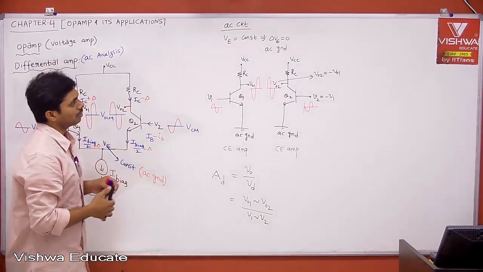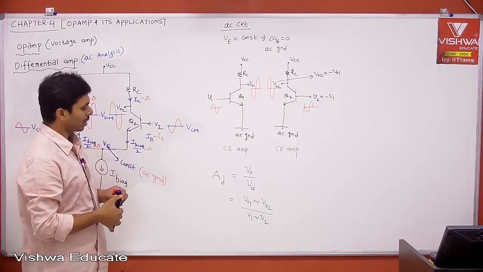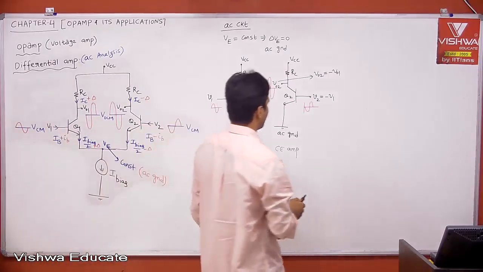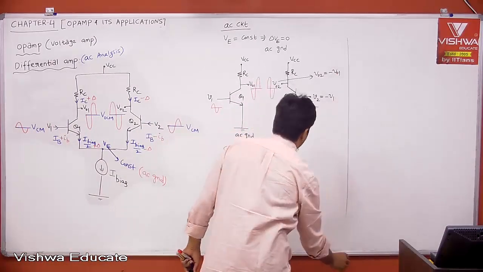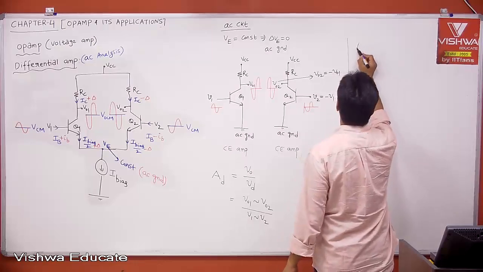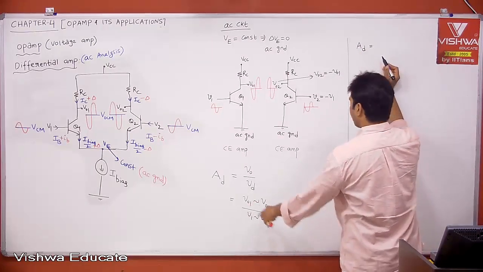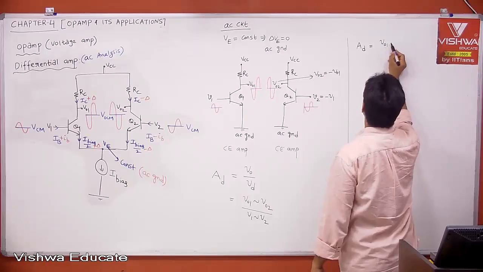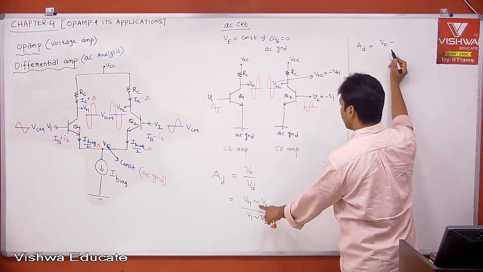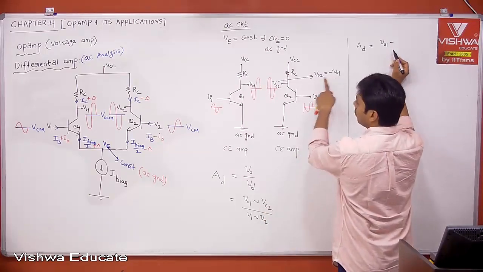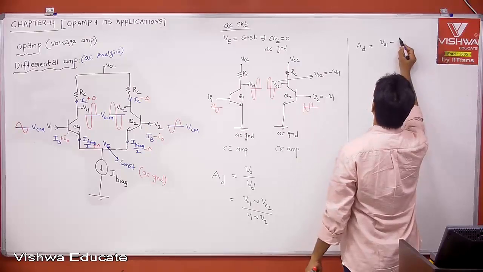Now if I take it like this, tell me what is AD. AD is equal to V01 minus V02. What is V02? V02 is nothing but minus V01, exactly opposite to it, right?